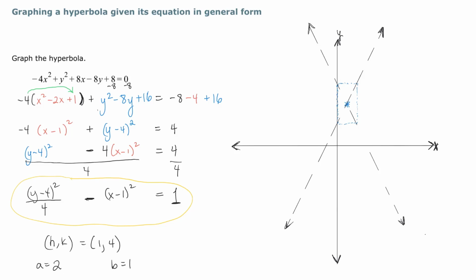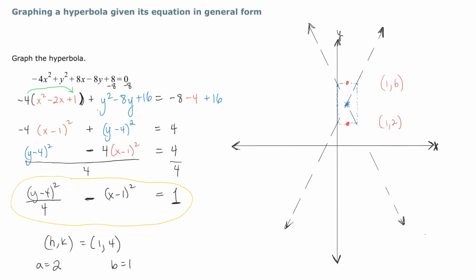Since the y quantity appeared first in your standard form, our vertices are right here on the box. Let's go ahead and label that. So this one is 1, 2, and this one's 1, 3, 4, 5, 6. So there are your 2 vertices.